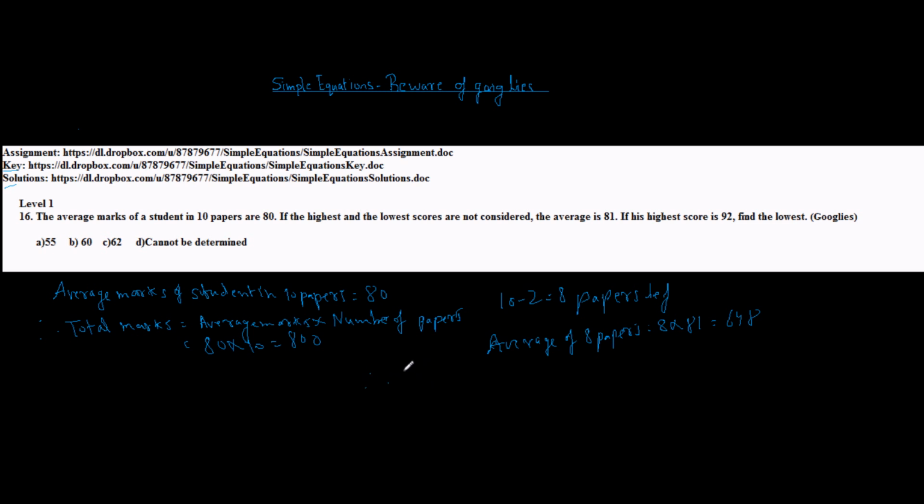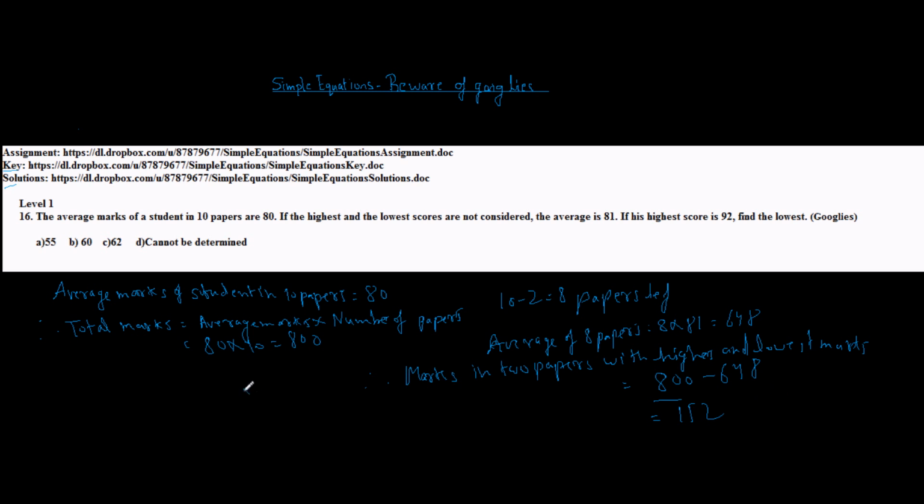Therefore, marks in the 2 papers with highest and lowest marks should be equal to 800 minus 648, because 800 was with lowest and highest marks and 648 is without lowest and highest marks, which will be equal to 152.